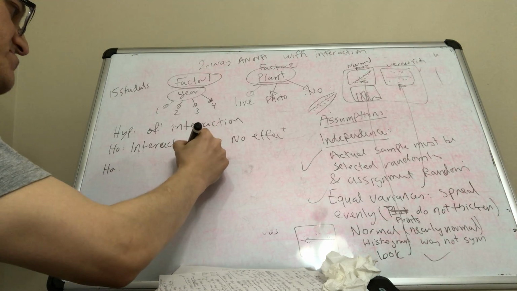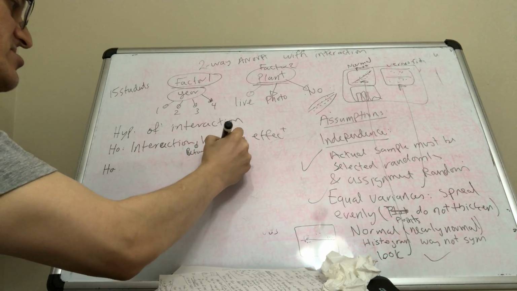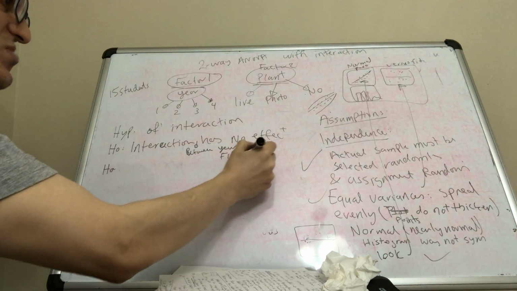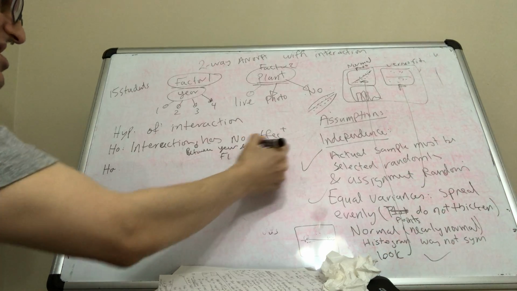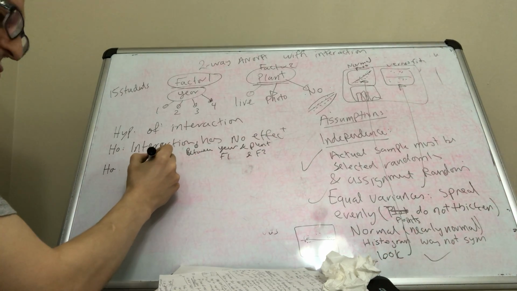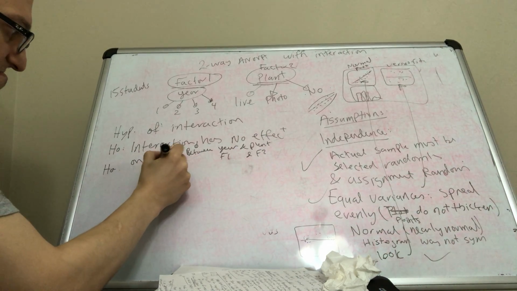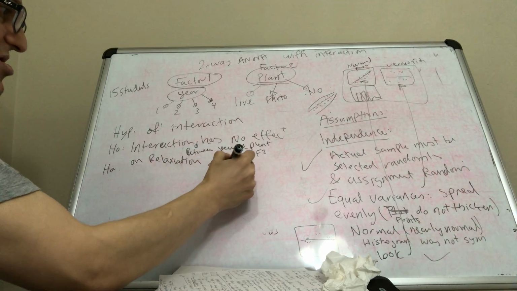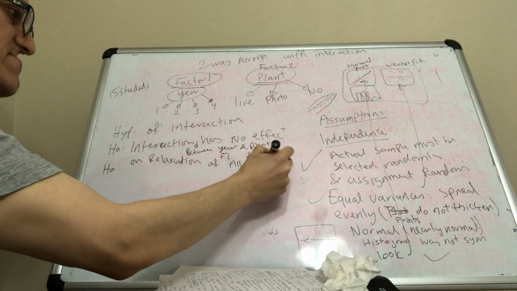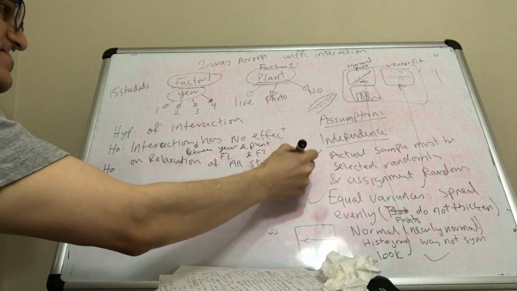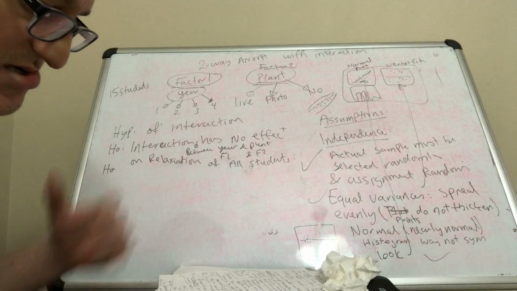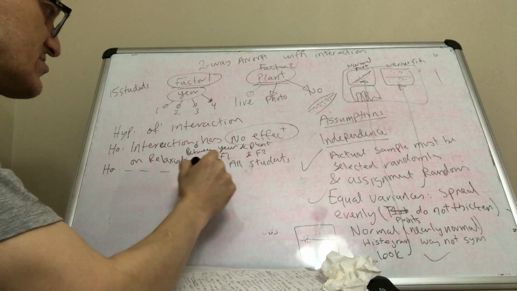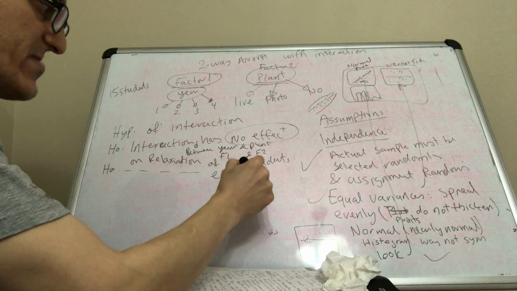The interaction between year and plant, which is factor 1 and factor 2, has no effect on relaxation of all students in this college or in this institute. So this one will be the no effect, and again this one there is an effect.